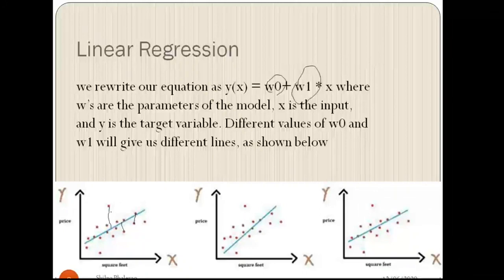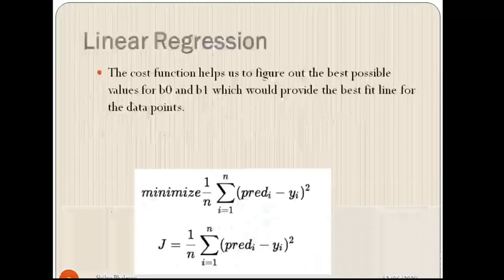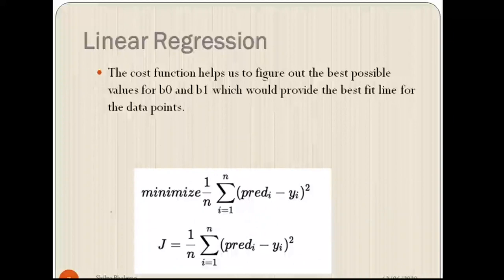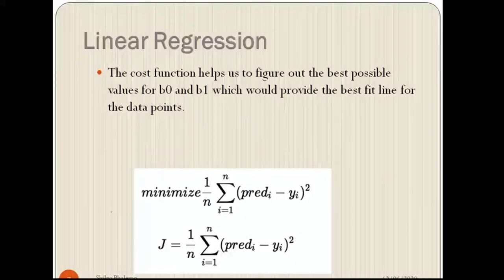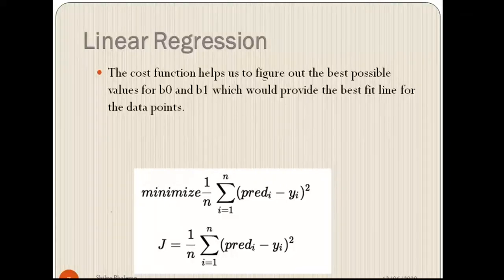Now we will see how to identify the best fit line. The objective is to minimize the average error in the computation in our algorithm. So for this minimum error, why have we taken the square?